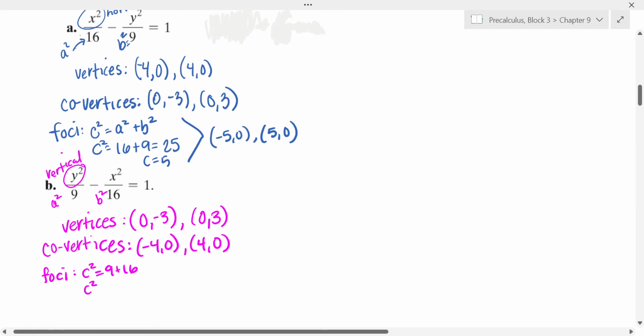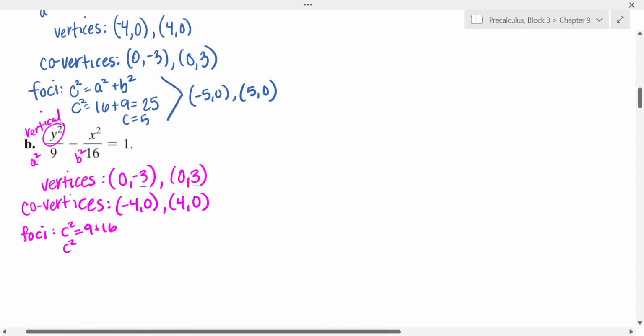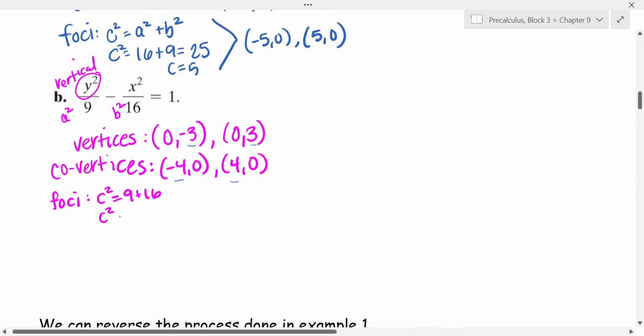Part B here, we saw that it was a vertical hyperbola, so the vertices will be along the y-axis, so you put those in the y value, and the covertices will be in the x value, in the x-axis, and the foci, let's finish that up there. I think it got deleted here. c squared equals 25, so c equals 5.